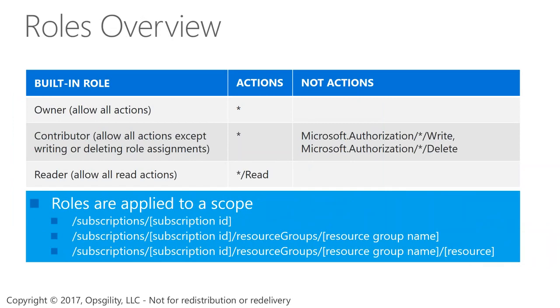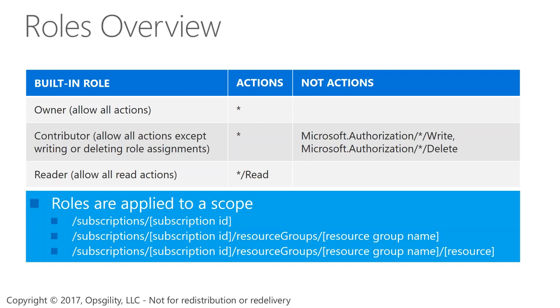So we've been talking about role-based access control. The three built-in roles are owner, contributor, and reader. Owner, as you might imagine, has full control. So an owner can not only add, delete, and change resources within where that role is scoped, but they can also change permissions.